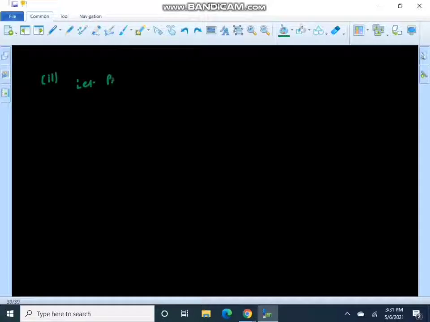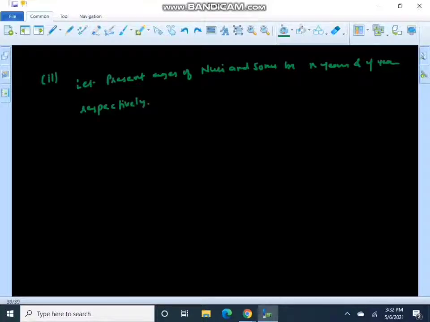Let the present ages of Nuri and Sonu be x years and y years respectively. Okay, so 5 years ago, the first comparison is given.